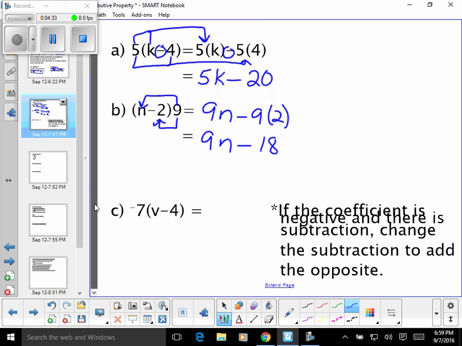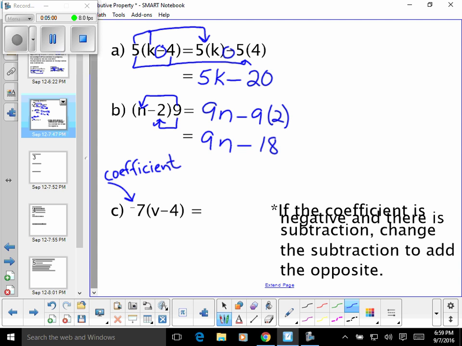C. Now here's where you've got to be careful, and that's why I've written the note out for you. This is a very important note. If the coefficient is negative, that means the negative 7. In A, the coefficient is 5. In B, the coefficient is 9.